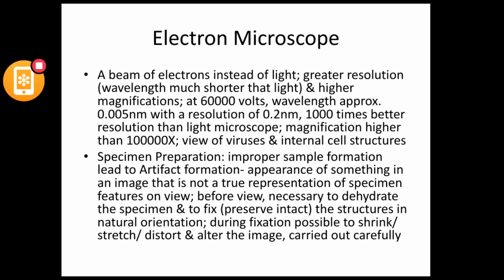So what is the resolution obtained using an electron microscope? It is around 0.2 nanometer. And the wavelength of the electrons will be approximately 0.005 nanometer, which means altogether 1000 times better resolution than a light microscope.